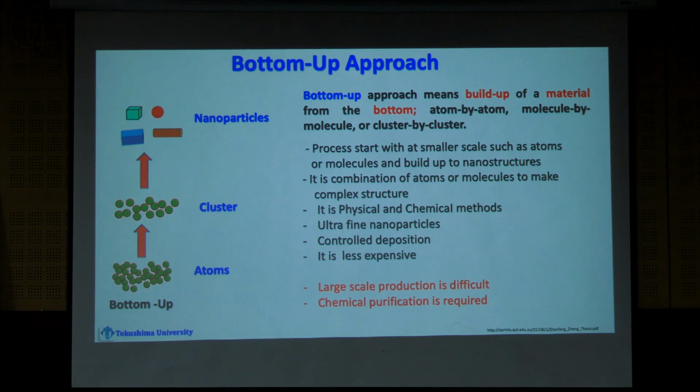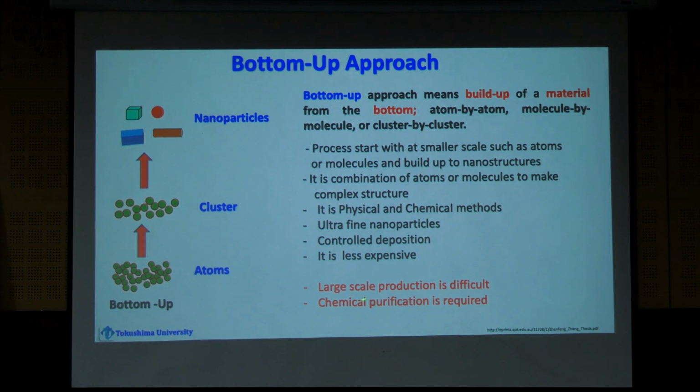So you can create the nanoparticle easily with low cost materials. Large scale production is difficult because these methods mostly include in the small area, so large production is difficult to create.